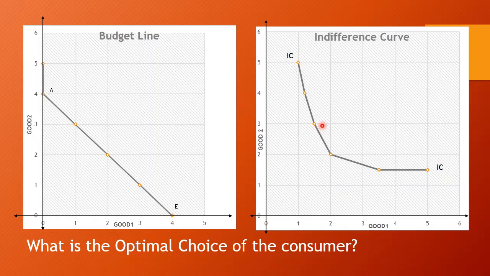He is indifferent across all these combinations lying on a particular indifference curve that corresponds to a particular level of income and prices of good 1 and good 2. Now, keeping these two concepts in mind, we have to think about which bundle the consumer will ultimately choose. The next slide will help you to understand that.